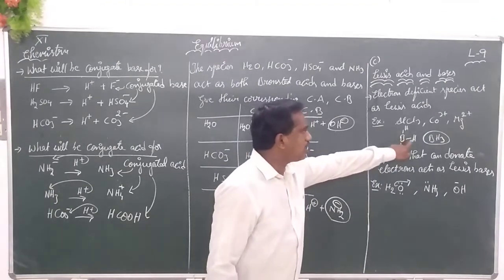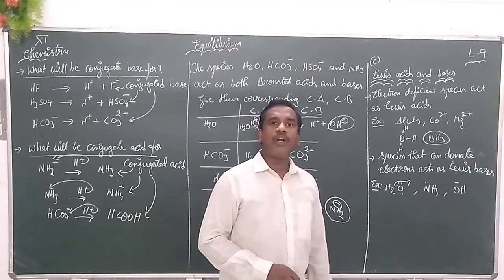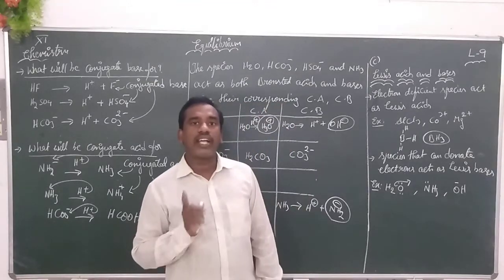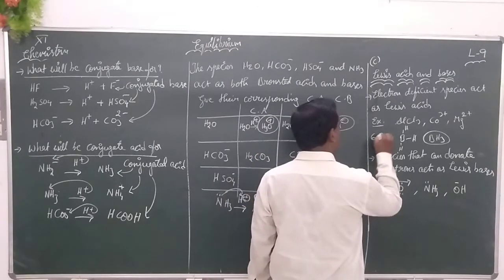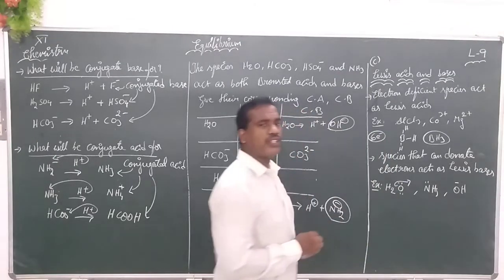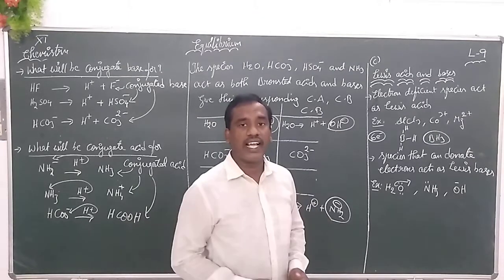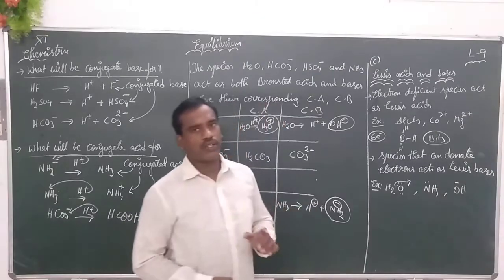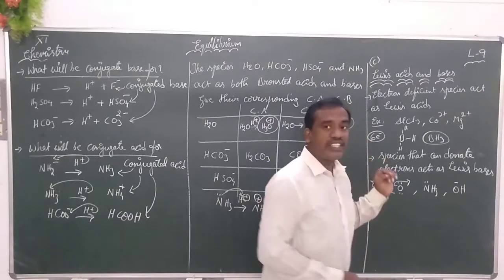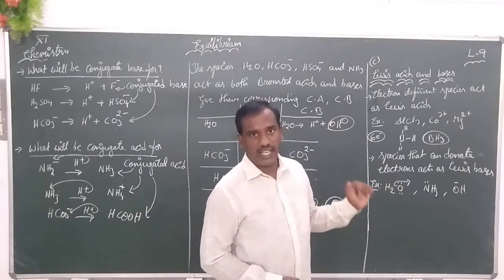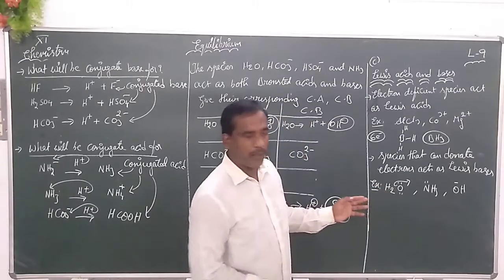Each bond represents 1 electron pair, so totally 6 electrons are there. In order to complete the octet rule, we want 8 electrons. So here the electrons are fewer. Electron deficient centers, which readily accept 1 electron pair, we call Lewis acids. But now you can see the case of NH3, ammonia.